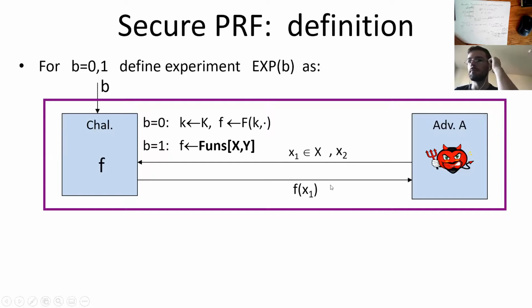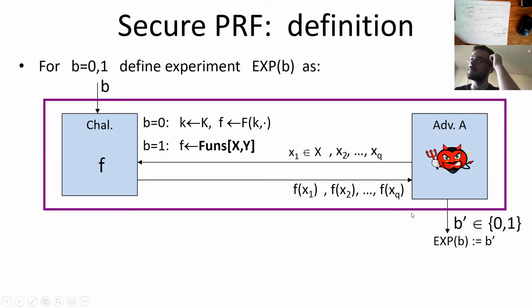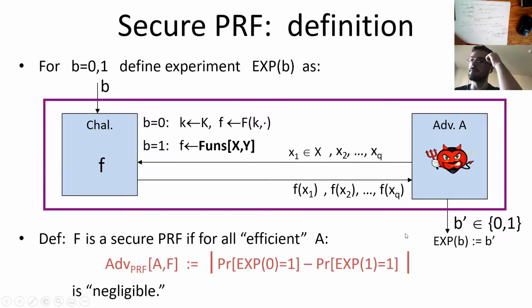The adversary can ask another query, get the value of the function, etc. His goal is to output a judgment, and we say, as before, that it should be uncorrelated with the secret bit.